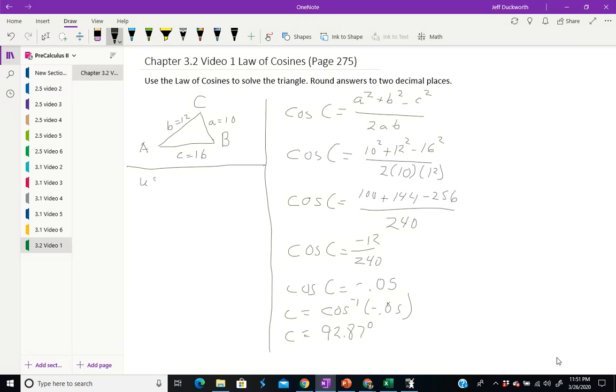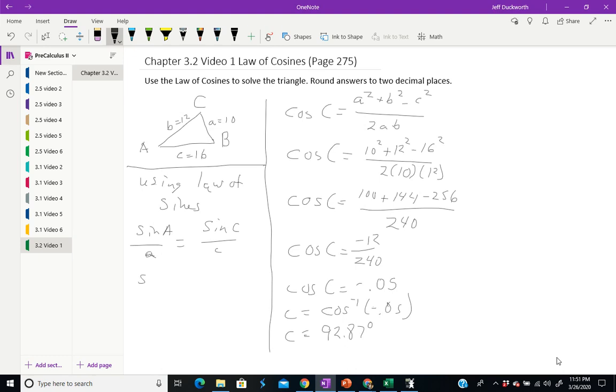So I'm using the law of sines. So I'm going to have sine of A over little a equals sine of C, I need to use C, over little c.